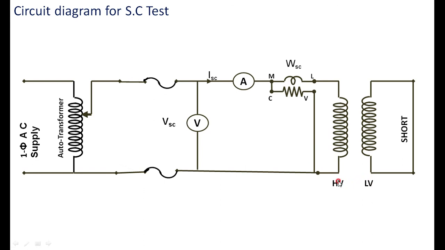In the HV side, the voltage is more, the current is less, so it draws a lesser current. That is why under the short circuit test all the meters are connected on the primary side, towards the supply. If you use the LV side, the current required for conducting the short circuit test is more. It is unnecessary loss, and the current capacity may not be available in the laboratory; you have to check it. That is why you conduct it on the HV side.